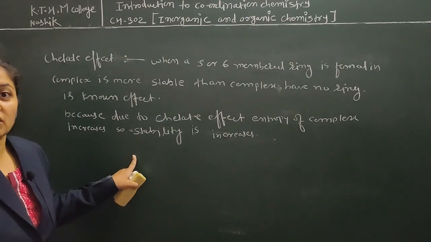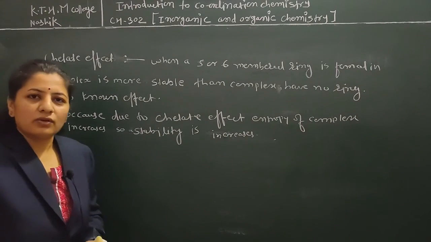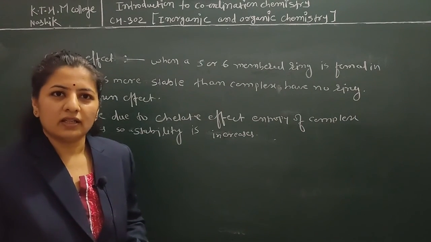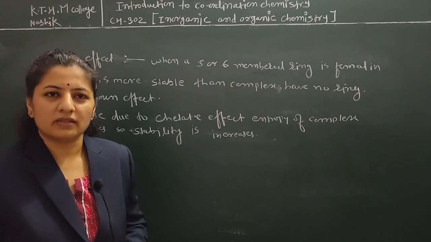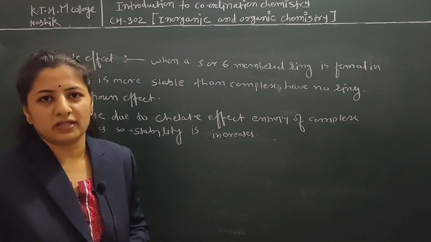So this is known as the chelate effect. We can conclude that if there is a ring in the complex, this complex is more stable than the complex which doesn't have any ring.